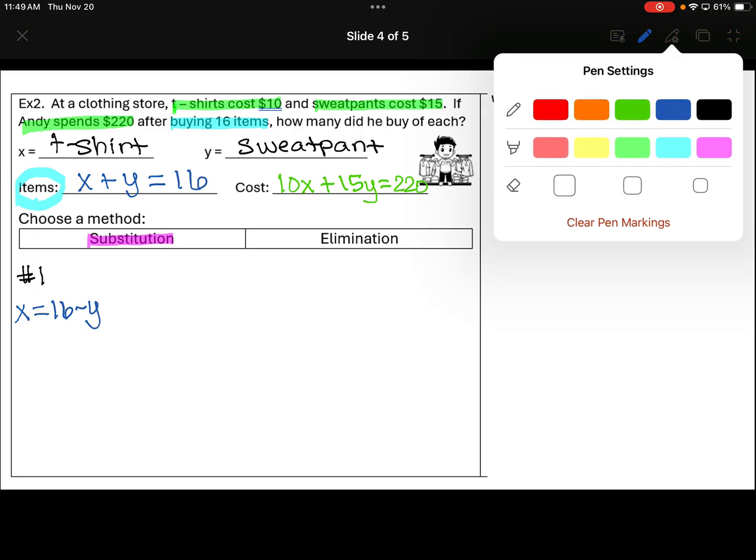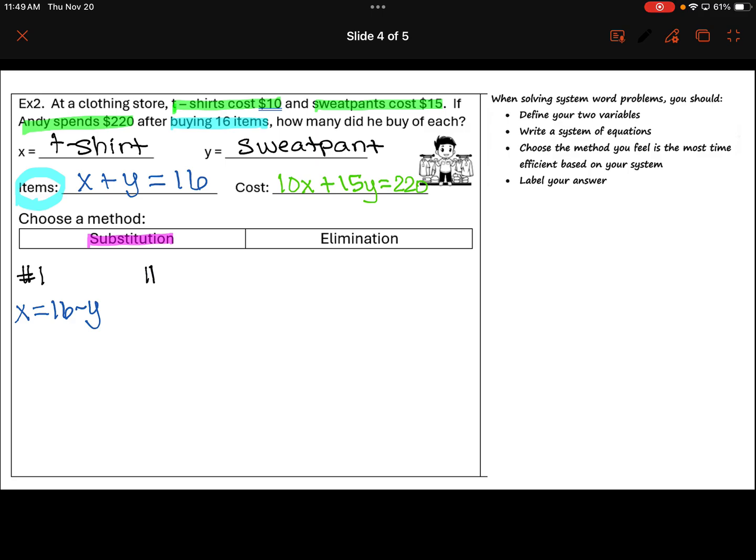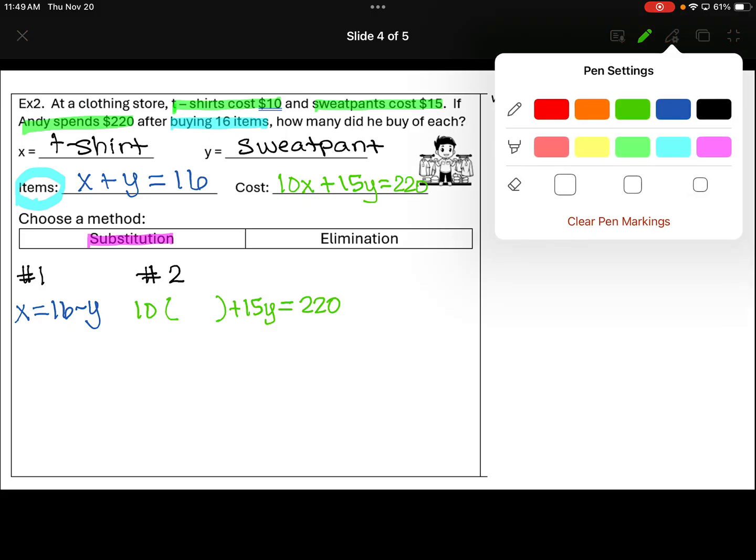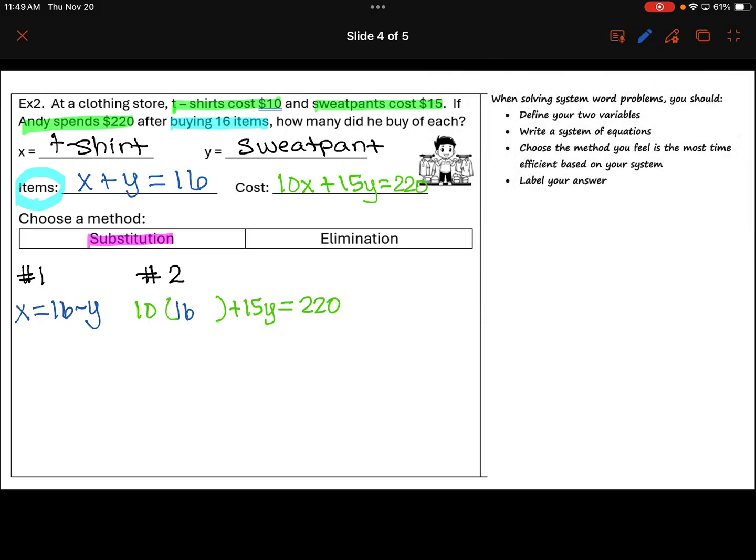Okay. For step 2, I am going to substitute that into the second equation. So I'm going to do 10 times x plus 15y equals 220. So now I'm going to go ahead and substitute in that 16 minus y.